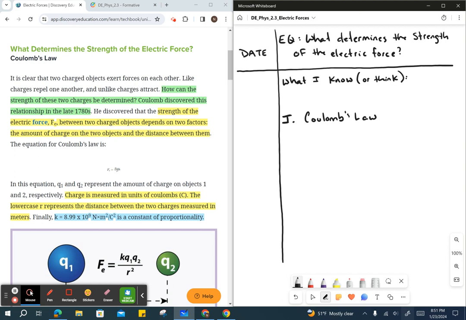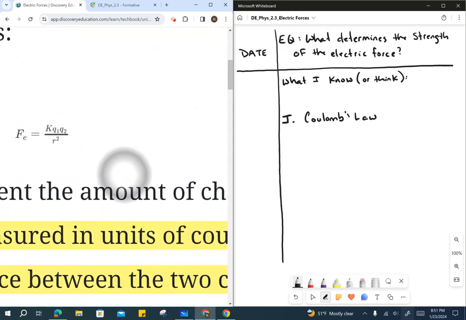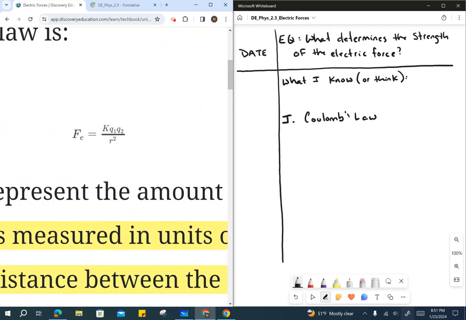The equation for Coulomb's law is F of E is equal to K times the charge on particle 1 times the charge on particle 2 divided by the distance squared.